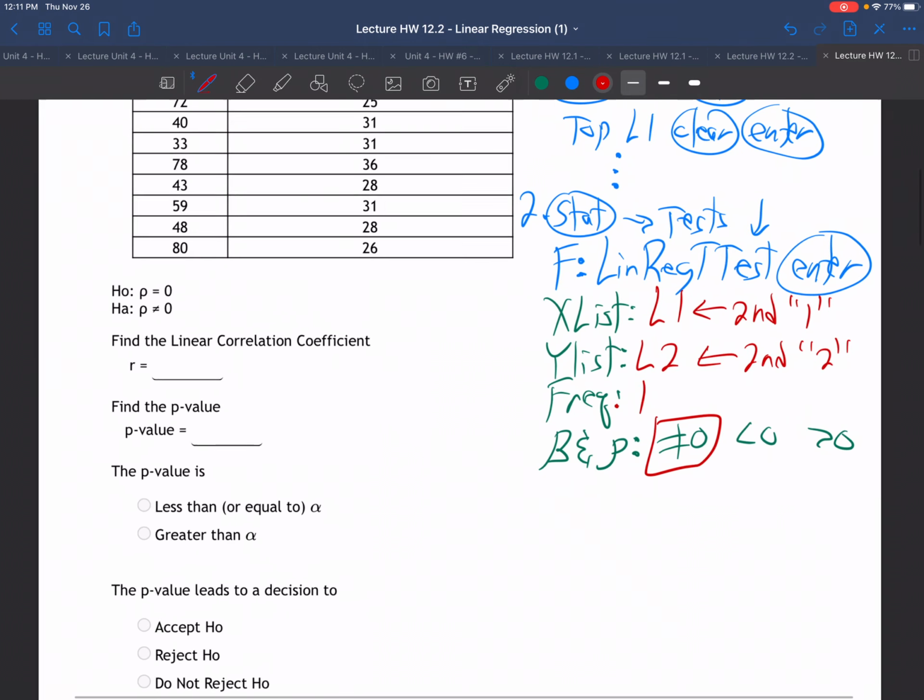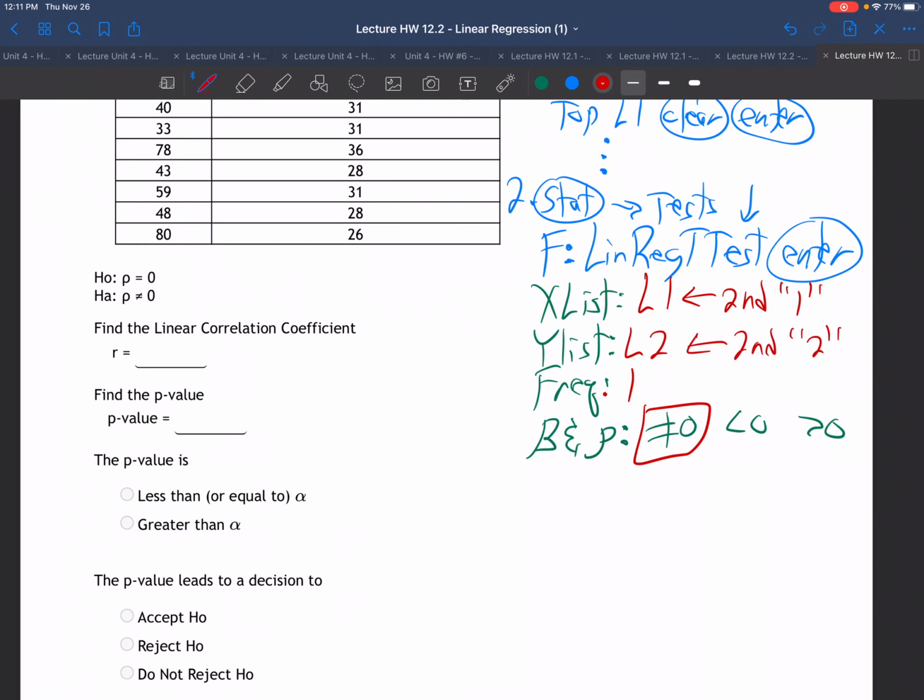Okay. So now, don't be confused by this p here. That p is actually a Greek r called rho. Why I'm bothering to tell you about that is because I want you to know it's the same as this r.